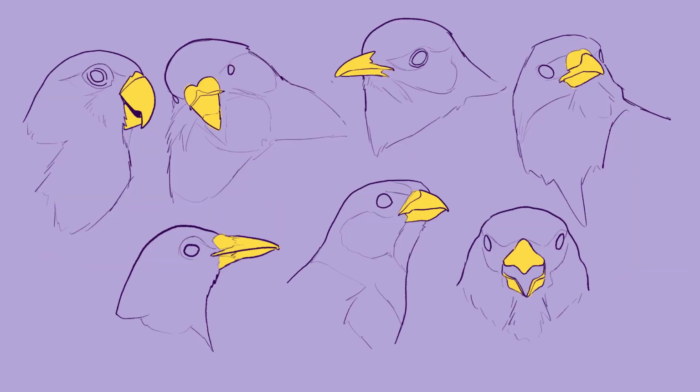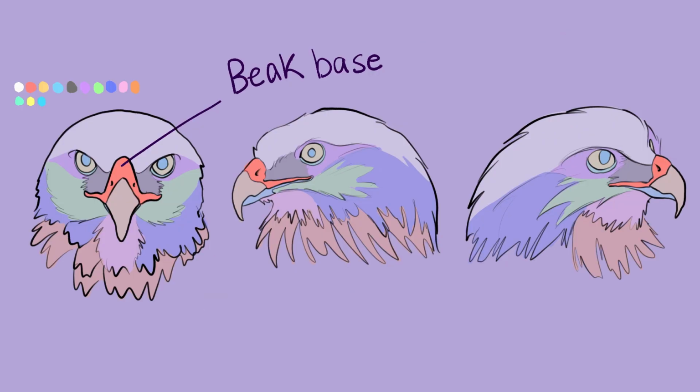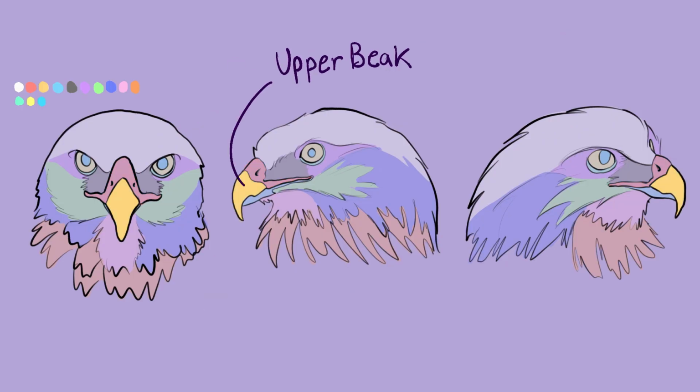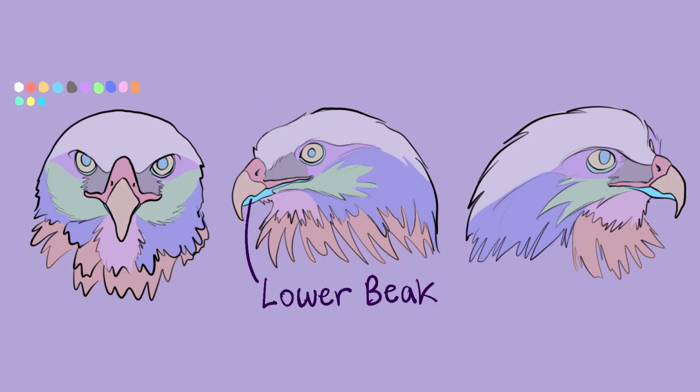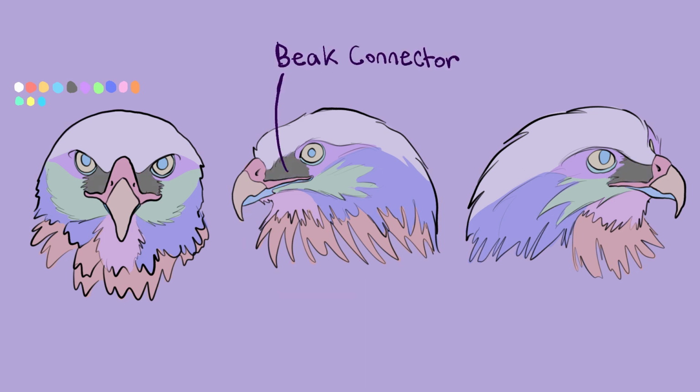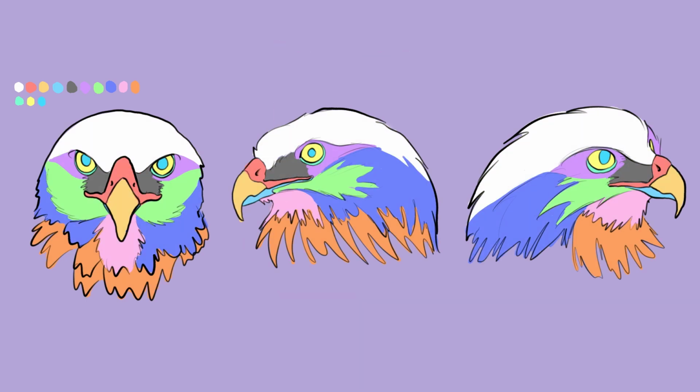For beaks, their shapes in particular vary a lot for different birds. However, they can almost always be broken into these 4 parts: the beak base, the upper beak, the lower beak, and the beak connector. Each of these pieces comes together to shape the face of the bird. Recreate these features when drawing your character's face.